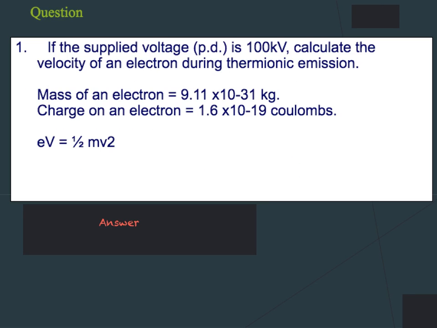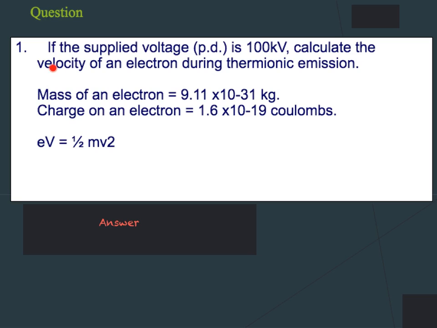In this third and final question, which is the hardest version of the question they can ask you, you are now given a supplied voltage. We've got the potential difference, which is 100 kilovolts or 100,000 volts.